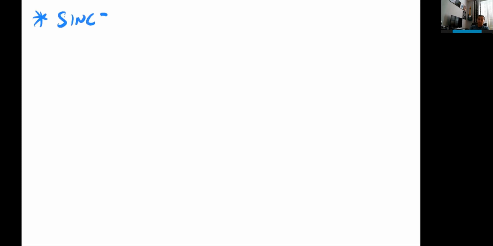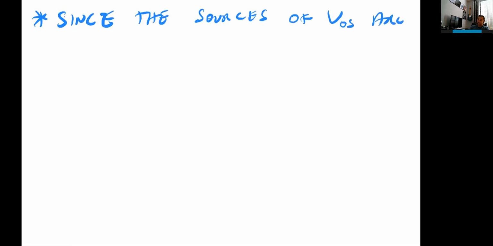So I'm going to say that since the sources of the offset are not correlated, I can find the overall offset from all the contributions.